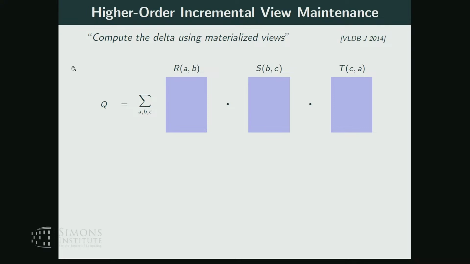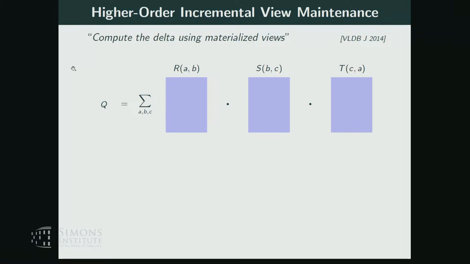The idea is that you take a delta of a query that may have very many joins, and you can materialize some of these joins. You create views, and then recursively maintain those views, and also maintain these materialized views with their deltas. This is why it's called higher order.